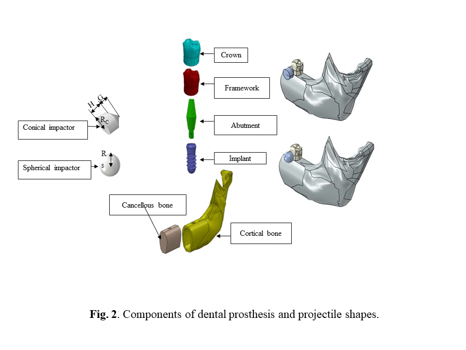The purpose of this study is to compare the level of von Mises stress between the spherical and conical impactor. As a result, the conical impactor leads to significant stress in different components of the dental prosthesis.